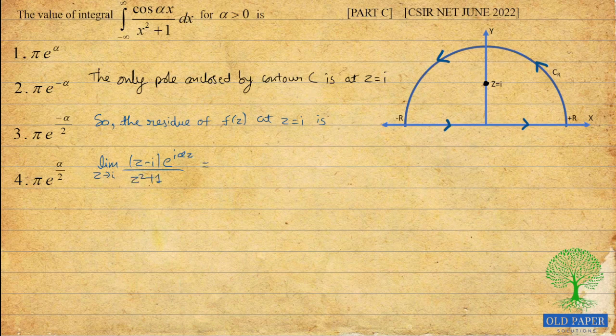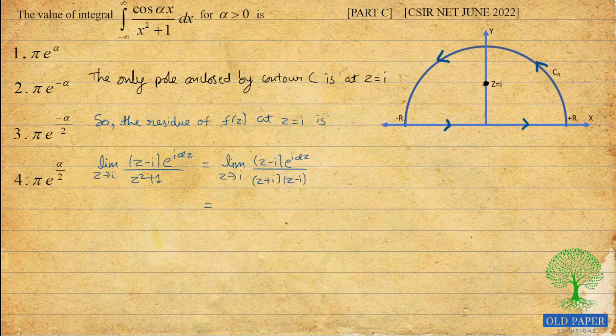We can simply write z square plus 1 as z plus i into z minus i.